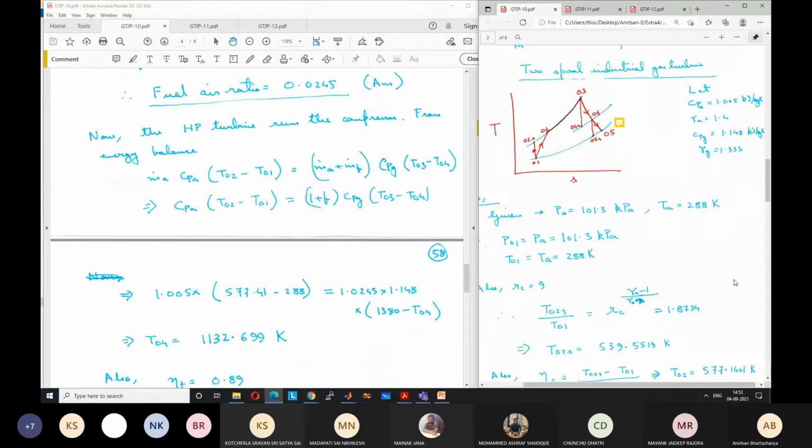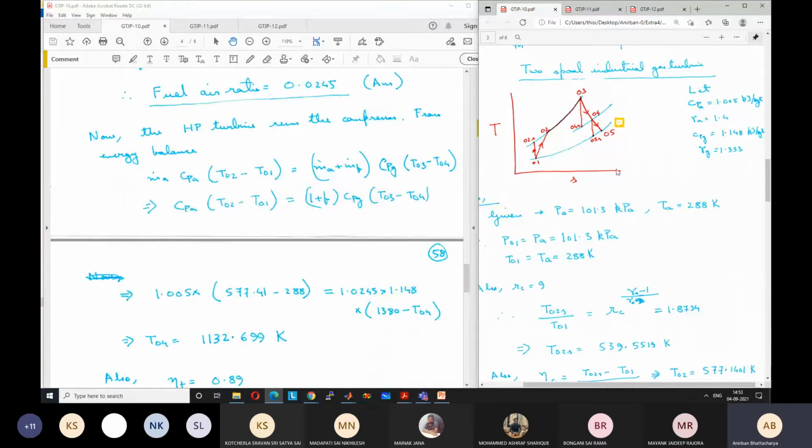Nikhilesh, how will you find the efficiency? So the net work output. Net work output, that is what I'm asking. The net work output is just the free turbine, divided by the calorific value of the fuel into fuel flow rate, right? So that is the efficiency.